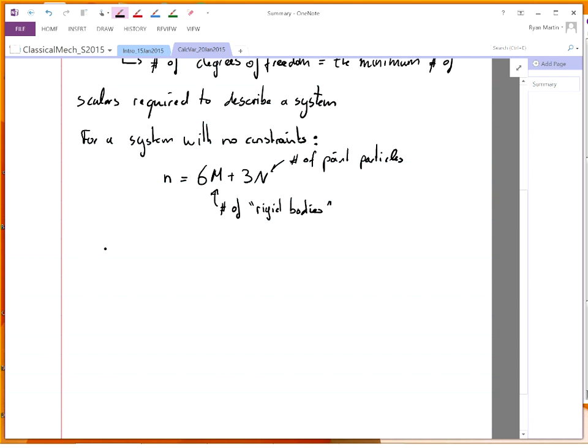Sometimes constraints effectively reduce the number of degrees of freedom.